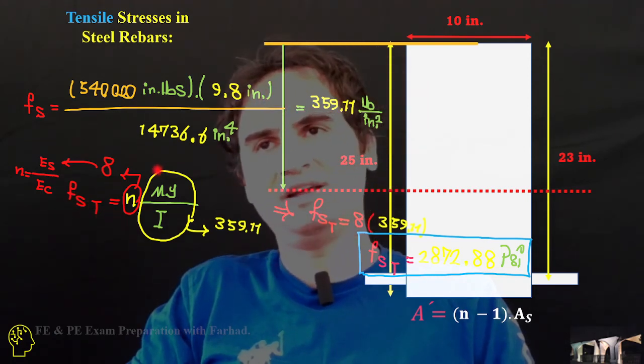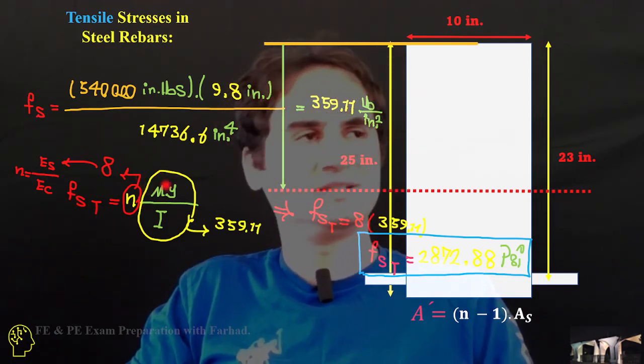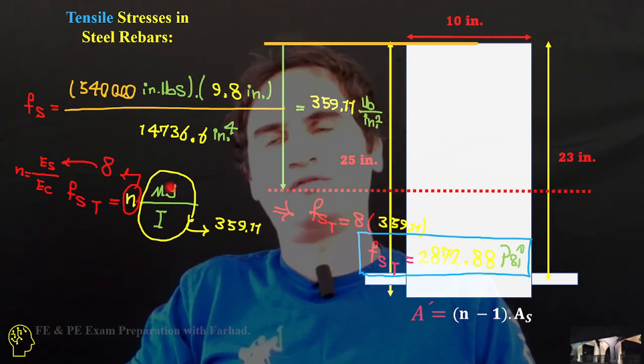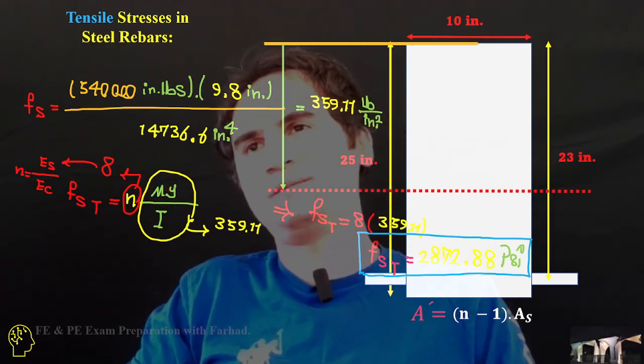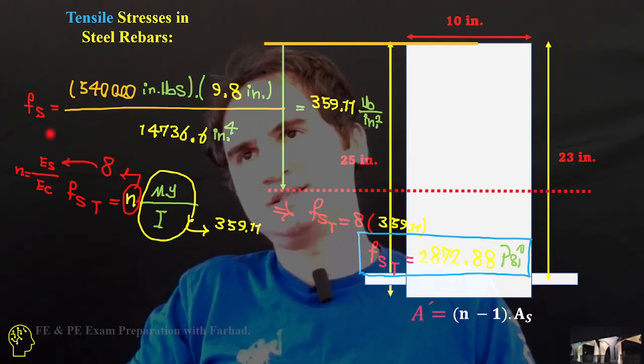Because we have an equivalent area for the steel, we have to multiply by n, which is Es over Ec.